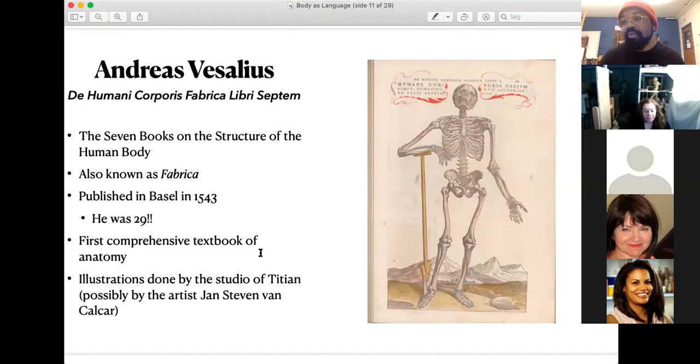But the first 2 books, for our purposes as artists, I think are the most important. And we're probably familiar, at least I've seen them on my end, with the illustrations in this book. I thought they were done by Vesalius himself. They were not. They were done by the studio of Titian, and one of the artists possibly is Jan Stephen van Calcar, who is a Flemish or German artist.